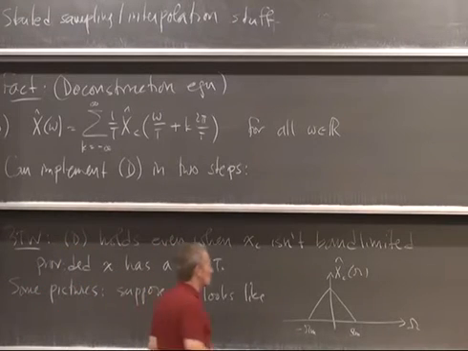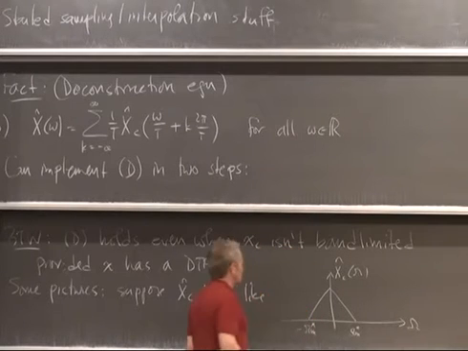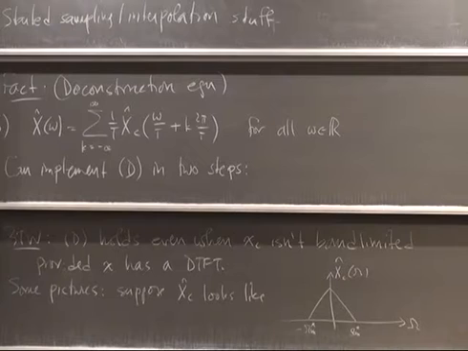And maybe let's call these omega m stars, just because. So the signal xc in this case is band limited, and its bandwidth is omega m star.